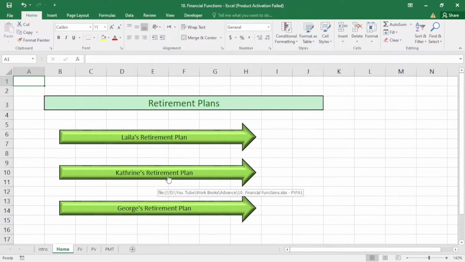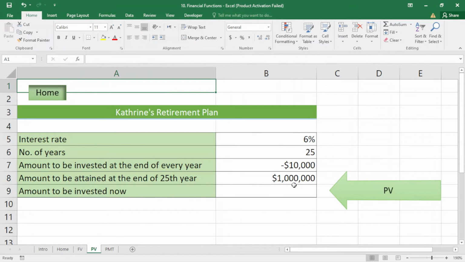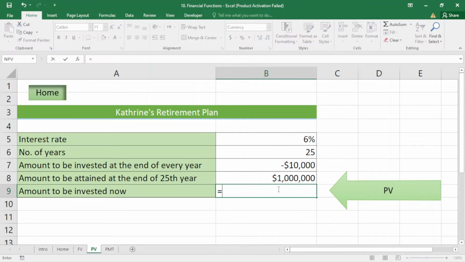Come back to home, and here I have Catherine. She wants to find out the present value. So I want to write here the formula equal sign PV present value, and here you can see the rate is 6%, comma, the period is 25 years, comma, and here at the end of each year she must pay $10,000, comma.